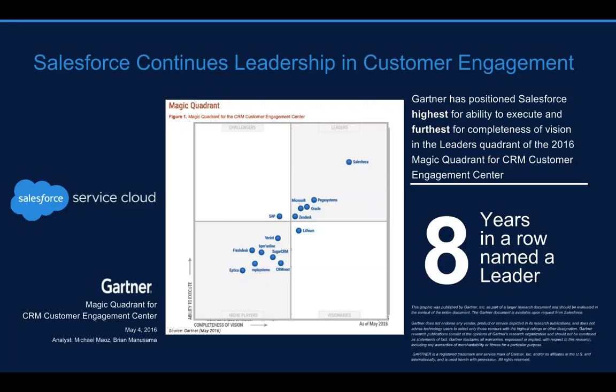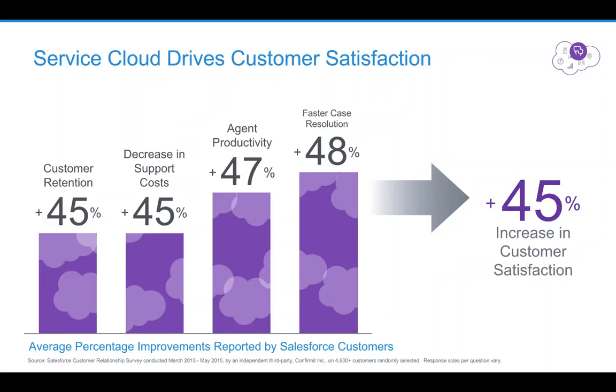as a company. And you can see here on Gartner's Magic Quadrant for 8 years in a row, this was announced about 2 months ago, Salesforce and Service Cloud in particular has been ranked as a leader in our industry year after year. And one last thing before I kick it off to Michelle, all of these things, like I was mentioning, based on data from almost 5,000 customers across the spectrum, from manufacturers to retailers to small business, all the way up.